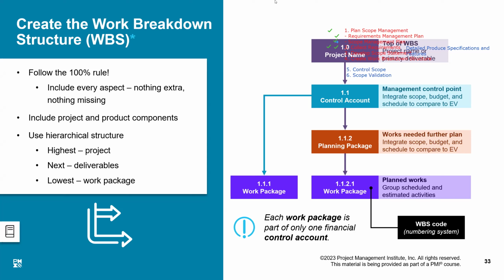And I say, okay, 80% of the work is done in phase 1 and 20% is to be done in phase 2. So that way I can apply the 80-20 rule.